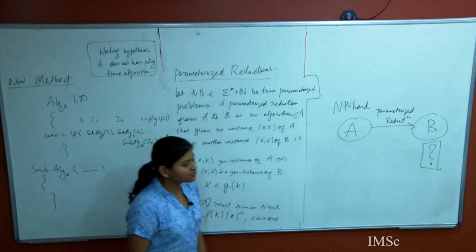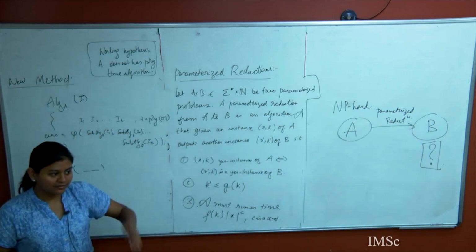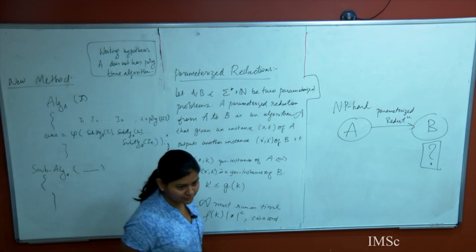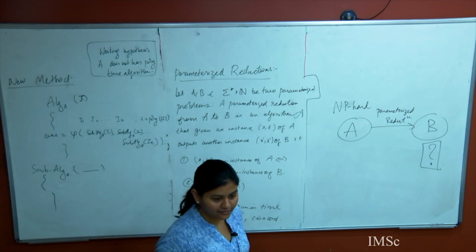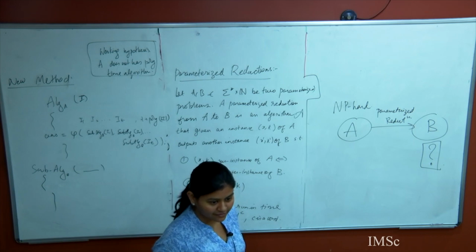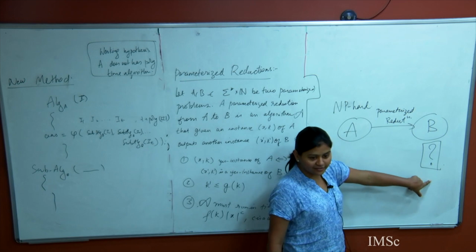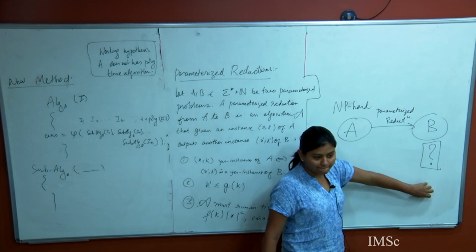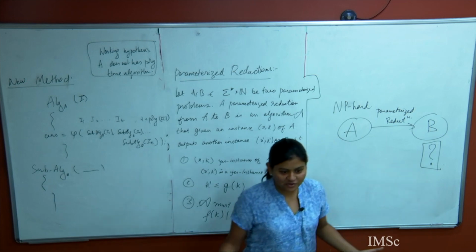Can you say that B is also NP hard? The running time is some function f of k times a polynomial, and in parameterized reductions we allow more time. So is this problem also NP hard? So your answer is yes or no?